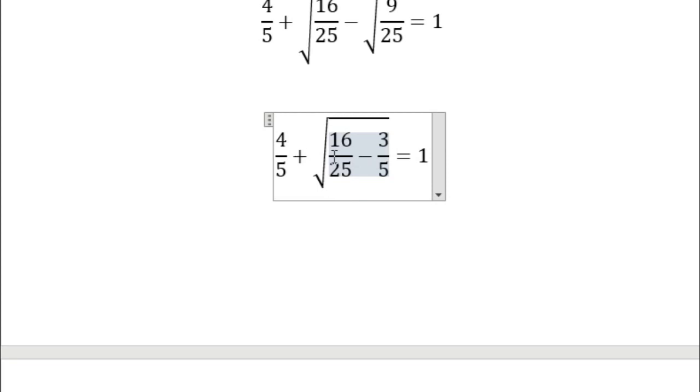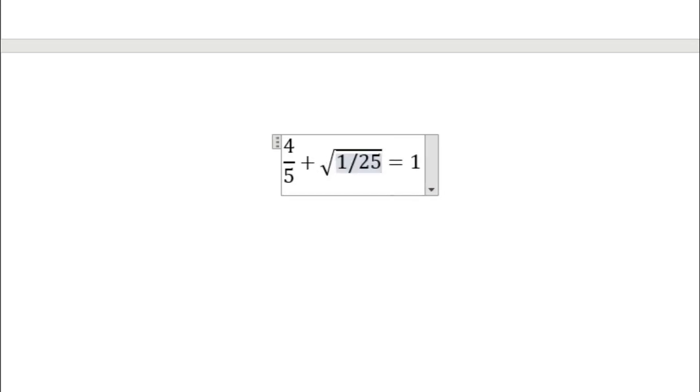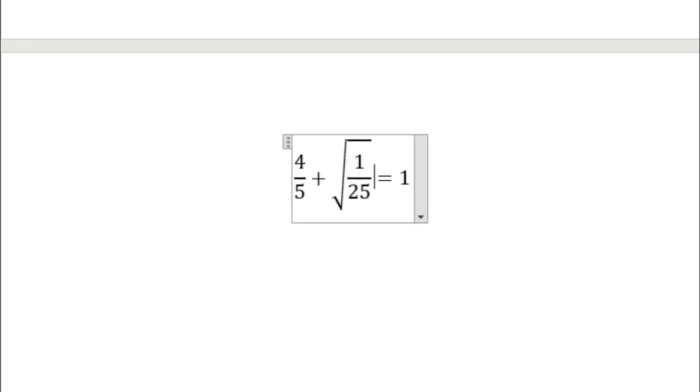Right? So let's do this subtraction. 16/25 minus 3/5. We end up with 1/25. Okay, so this one becomes 1/25. And we can now take the square root of 1/25.